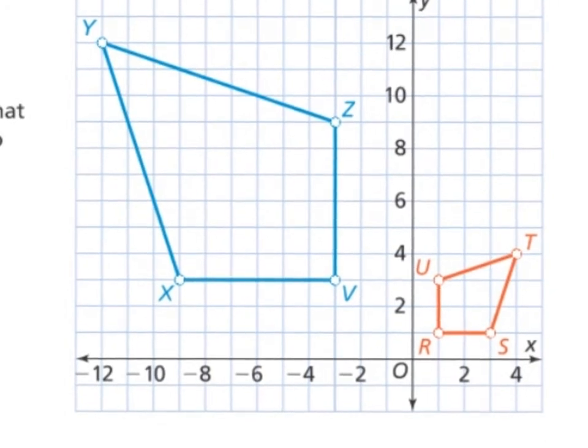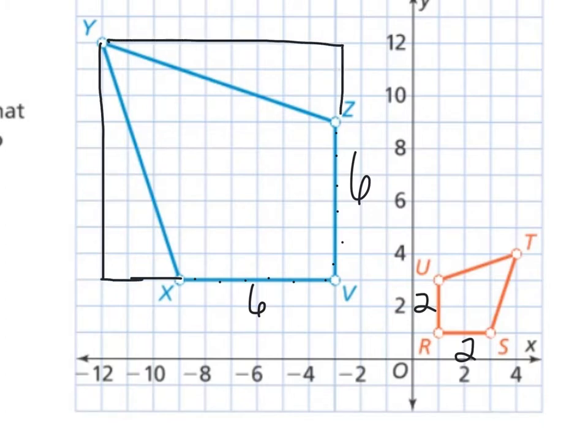So this one, we've got 2 sides that are straight. So this is 6 and 6. Over here we've got 2 and 2. If we extend this out to a rectangle altogether, this would be 3 more, would be 9.